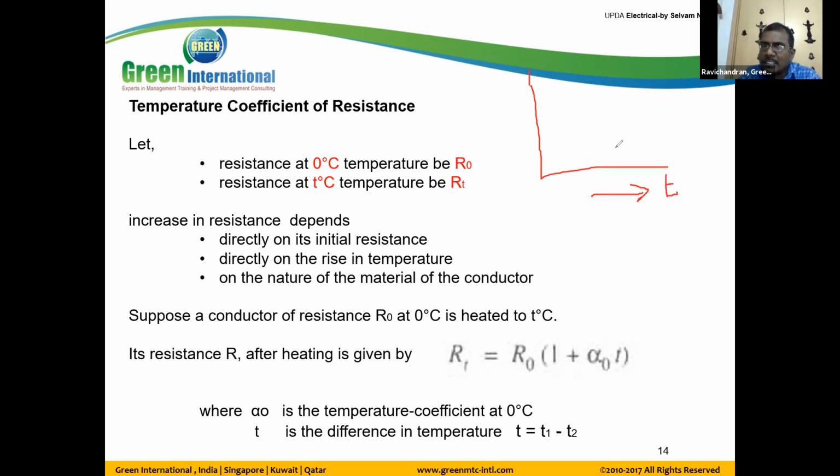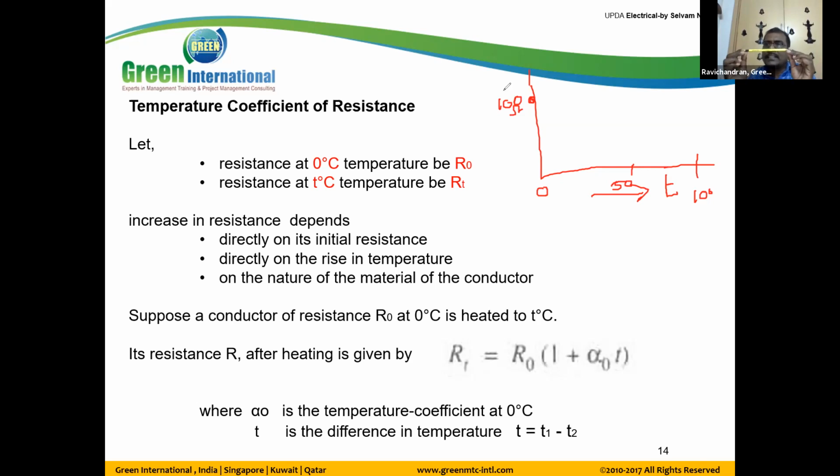Now at 0 degrees Celsius, for example, say it is a copper conductor. This conductor has 100 ohm at 0 degrees Celsius. The resistance value is 100 ohm. Now assume the temperature is increasing. Suppose at room temperature it is 100 ohm.